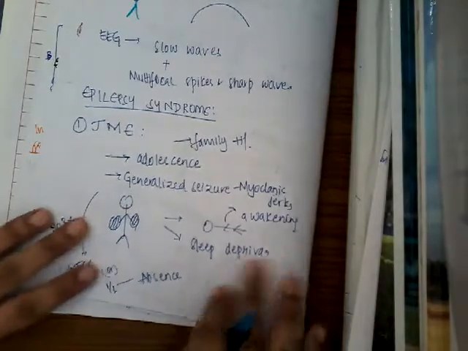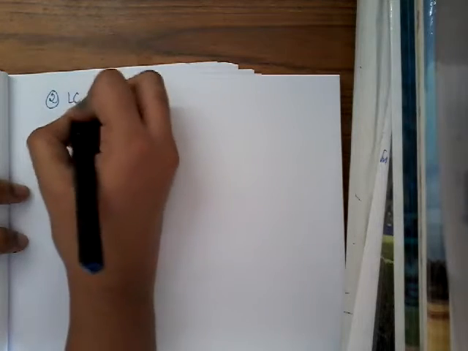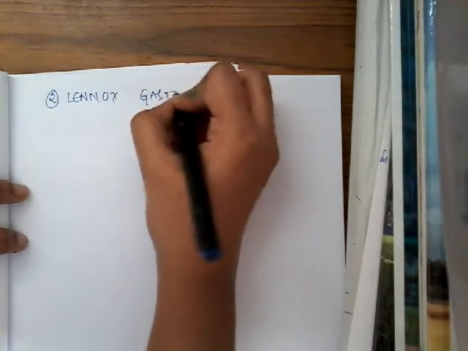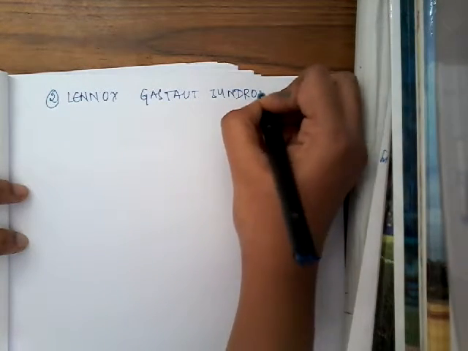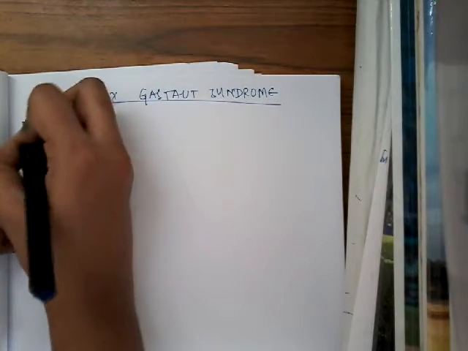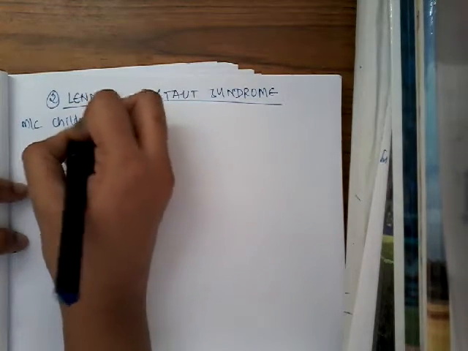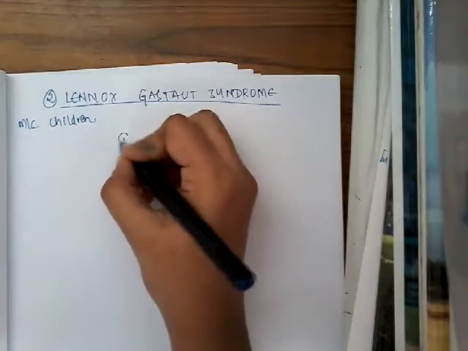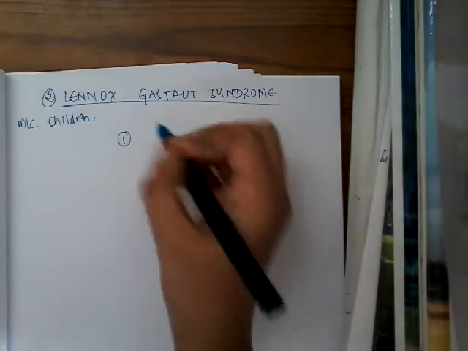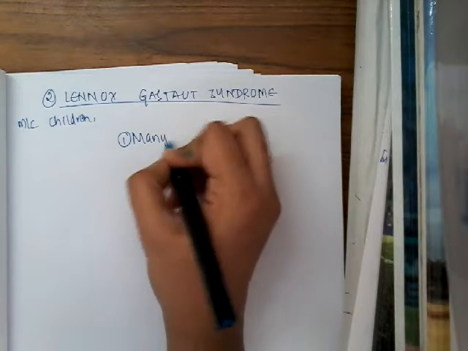Now, the second type of epilepsy syndrome is Lennox-Gastaut syndrome. It is more common in children. What are you going to see here? There is a triad. Number one, there are many seizure types.